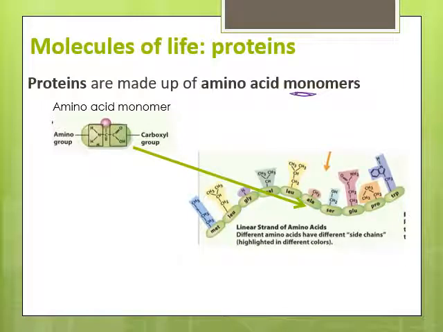We can make a whole linear strand of amino acids, and there's different side chains that we can make, and these make up proteins. So proteins have a certain shape to them that they will bundle into, but they're all at the basis of them made up of these amino acids. Okay, so remember that. We'll get into that a little bit more once we get into DNA and stuff too in Unit 3. But proteins are made up of amino acids.